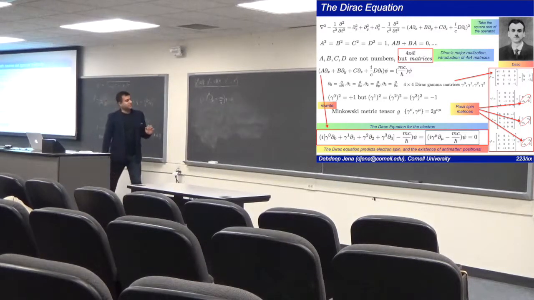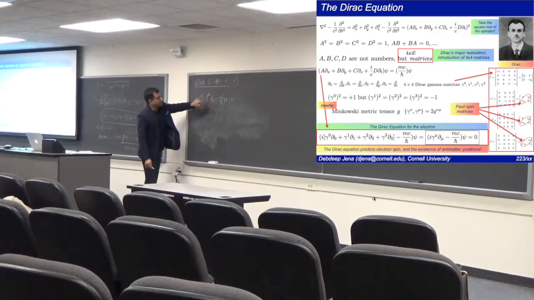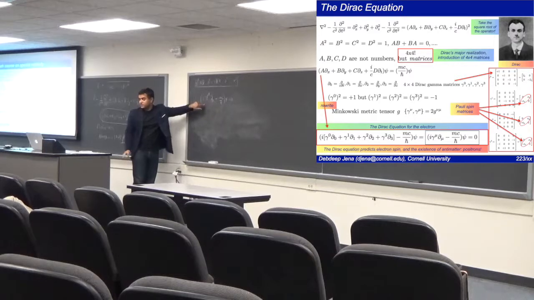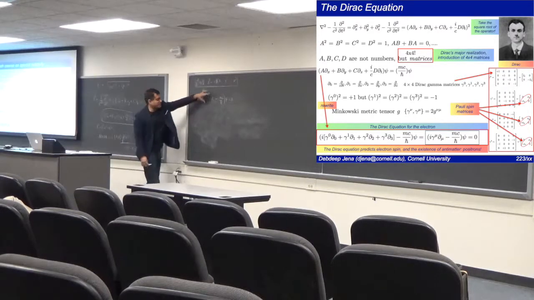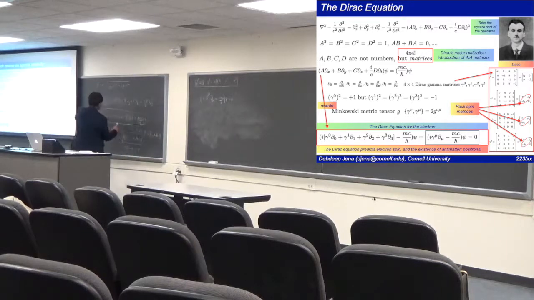And what does this notation mean? Whenever I have mu and mu here, it means I'm summing over all possible indices, 0, 1, 2, and 3.